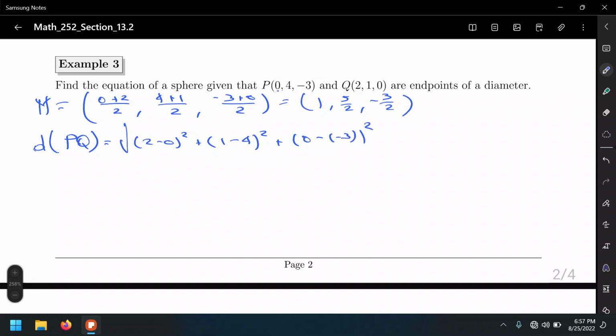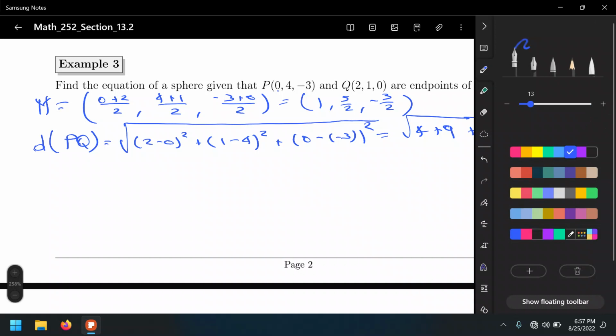Careful with signs. 2 minus 0 is 2, squared is 4. 1 minus 4 is -3, but -3 squared becomes positive 9, and 3 squared is another 9. That adds up to the square root of 22.